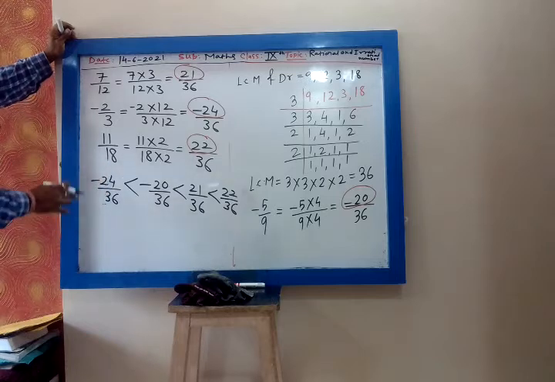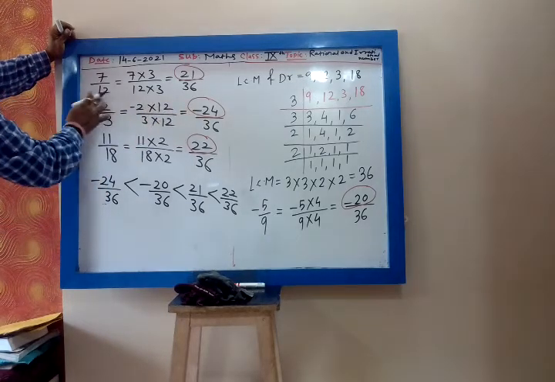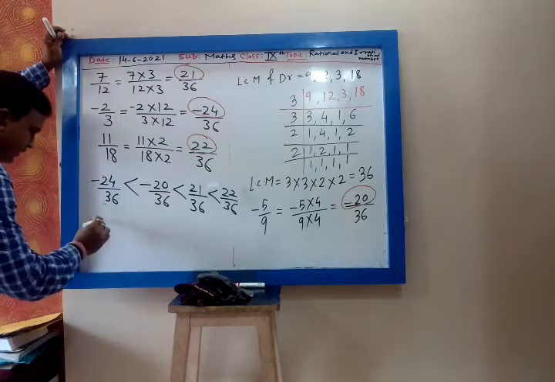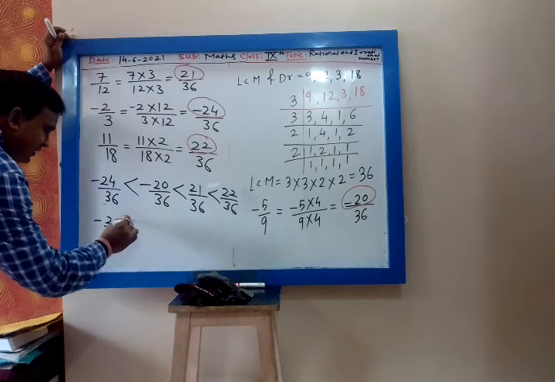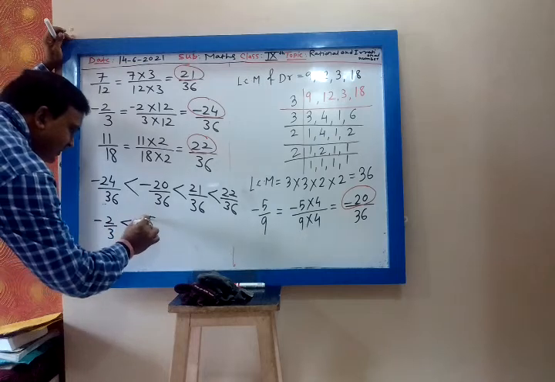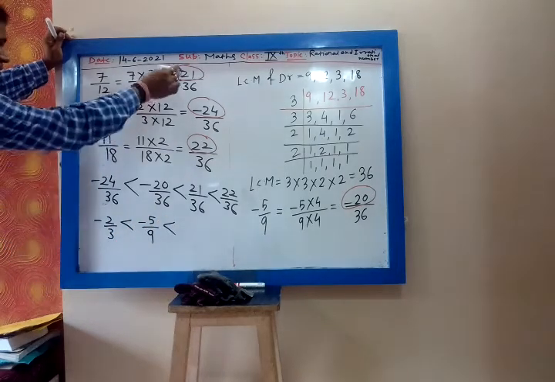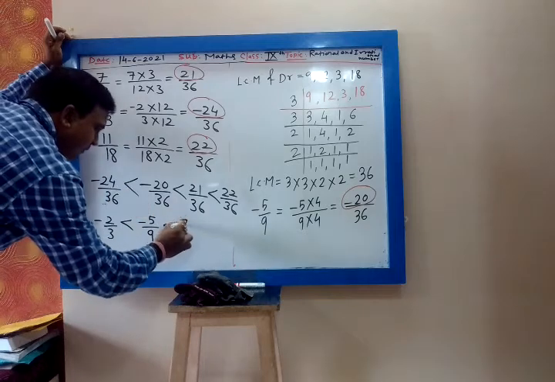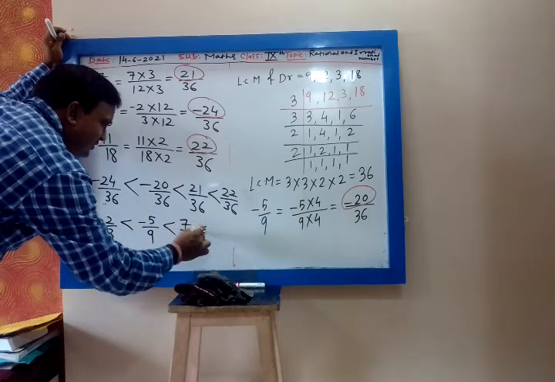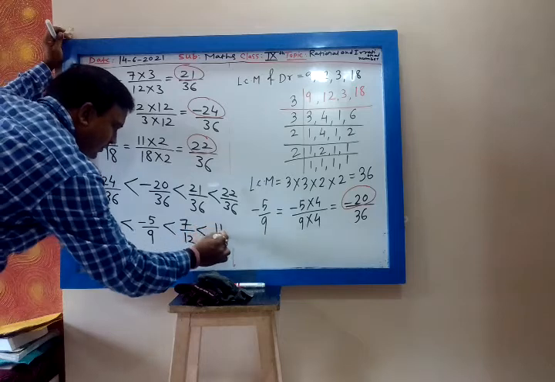Now what is minus 24 upon 36? Minus 24 upon 36 is minus 2 by 3. So minus 2 by 3 is less than minus 20 upon 36, which is minus 5 by 9. Minus 5 by 9 is less than 21 upon 36, which is 7 by 12. 7 by 12 is less than 11 upon 18.